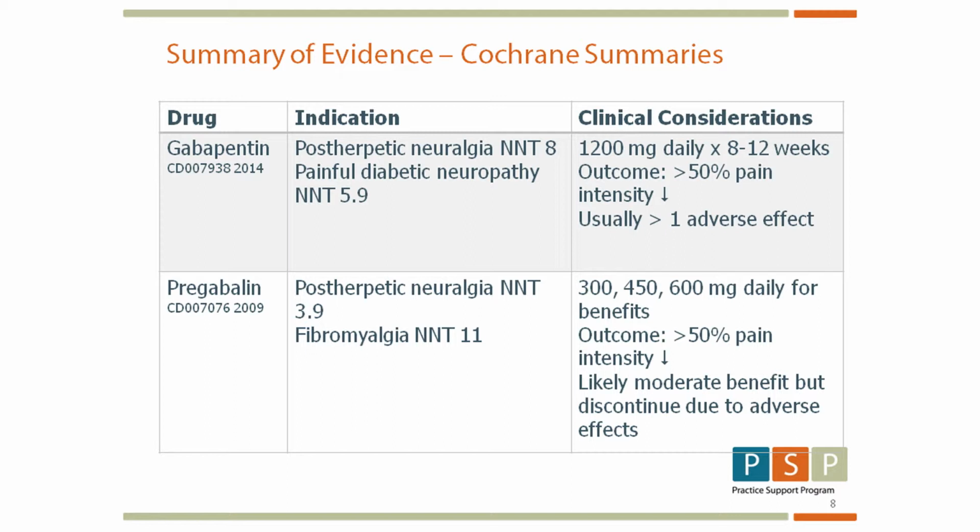Gabapentin's onset of pain relief is a little slower than pregabalin, so pregabalin may be one that you trial first with ones where you need to see a faster effect. In particular, it was studied in postherpetic neuralgia, and you can see that it was more effective as compared to gabapentin. As you can see on the far right, common dosages are about 300 milligrams total daily dose, but as high as 600 milligrams divided in twice daily dosing is often used.